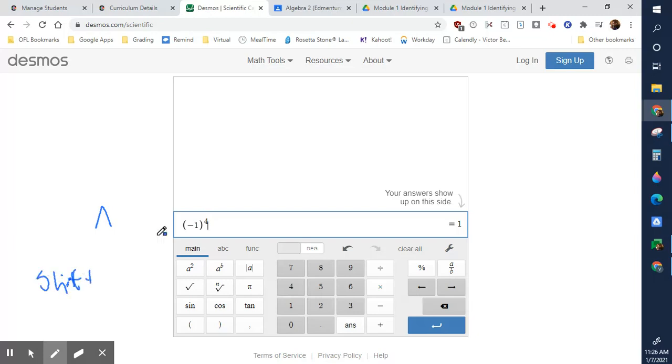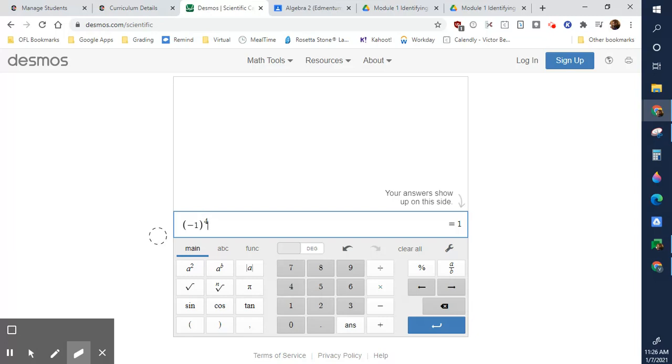On most programs, with the exception being Edmentum, because Edmentum is special, it creates this exponent. Then you want to use the right arrow key on your keyboard, otherwise you're stuck up here. I don't know if you can see my cursor up here with the exponents. So we're going to do that.